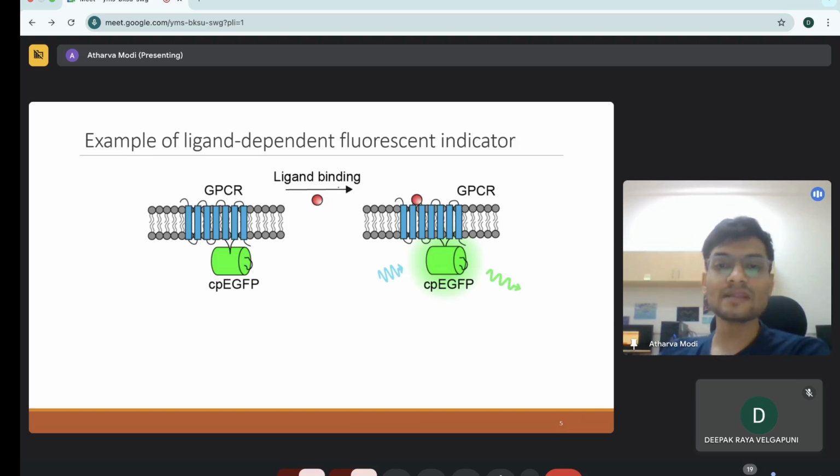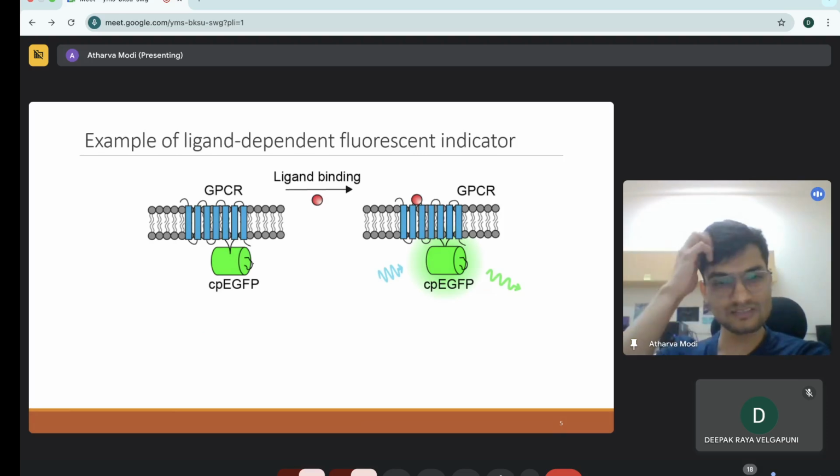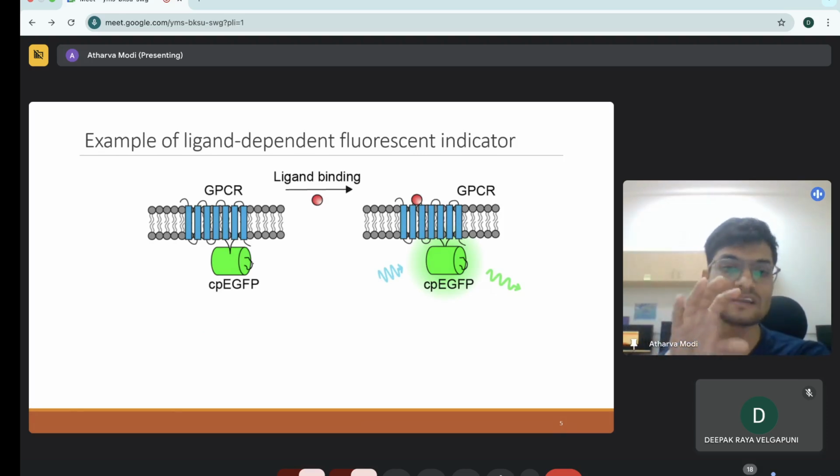This ligand can be any neurotransmitter in this case, like dopamine, glutamate, serotonin or norepinephrine, anything. This ligand depends on the properties of this receptor. Now this receptor has this modified GFP, this circularly permuted EGFP. That is again a genetically encoded fluorescent indicator, GFE.